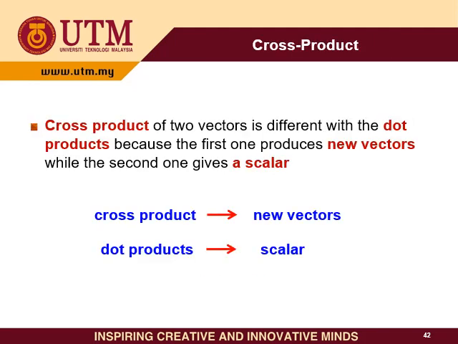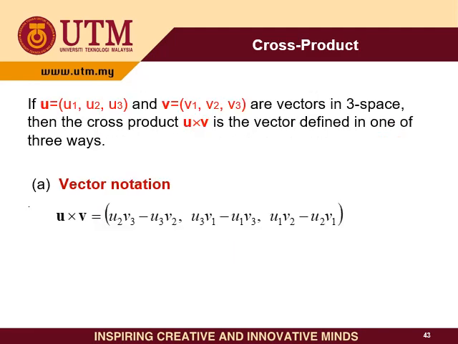Now we have come to cross product. Cross product is different from dot products. Cross product gives us new vectors, but dot products that we have just learned give us a scalar. Here we have two vectors u and v in 3-space, and the cross product can be defined in 3 ways.